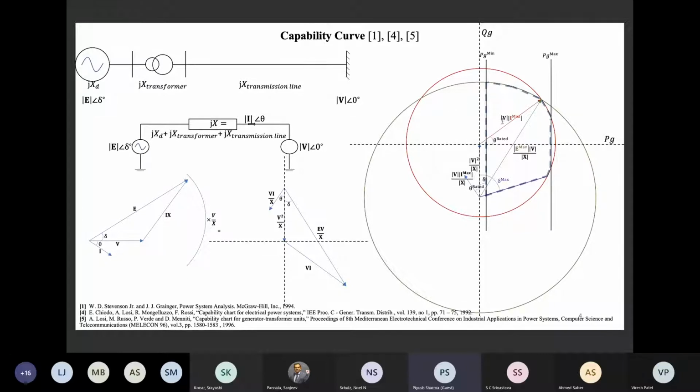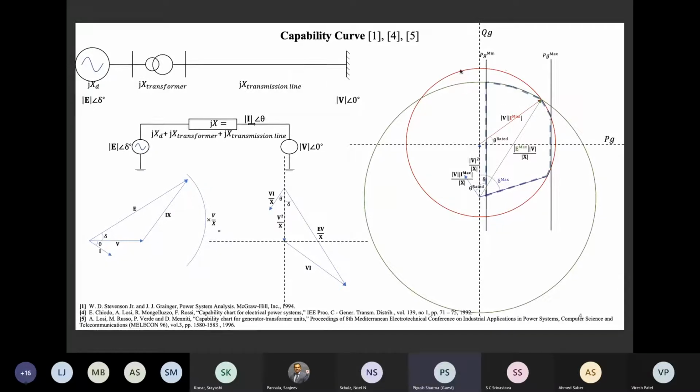Similarly, for different values of V, terminal voltage, and fixed values of E, we will get different red circles. But since our concern is to obtain the capability curve, let us draw one particular green circle for a maximum value of E, which corresponds to the maximum air gap voltage that can be obtained by maximizing the field current. So this green circle, let us say, represents the field limit of the synchronous machine.